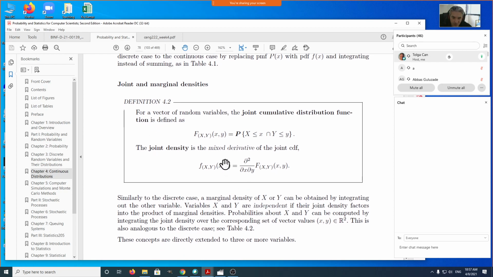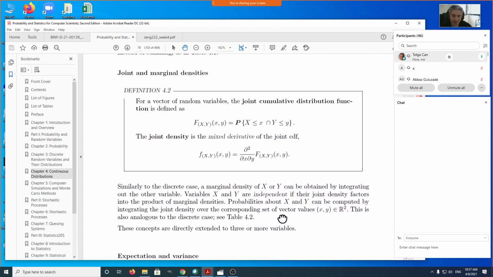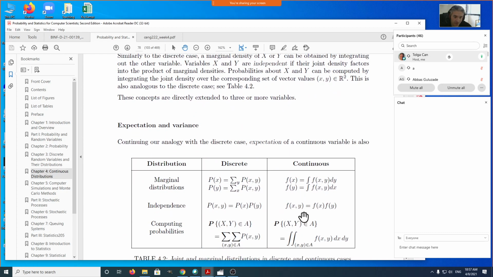So in the discrete case, we sum over an entire single variable to find marginal probabilities. It's the same idea, just changed to integration. For example, if you want to find the marginal probability of y, you have to integrate over all possible values of x.